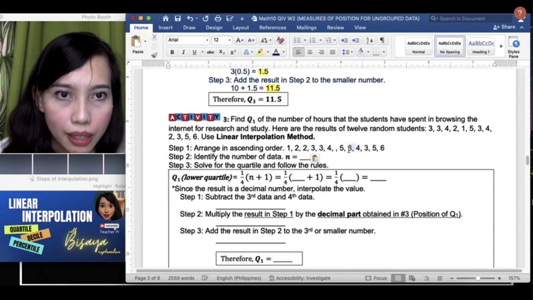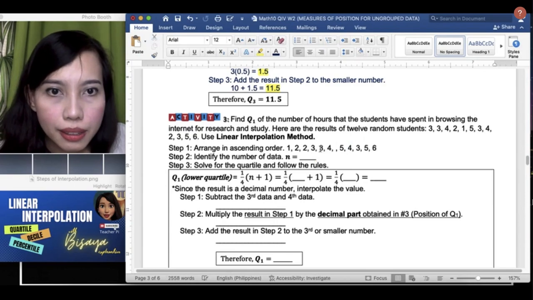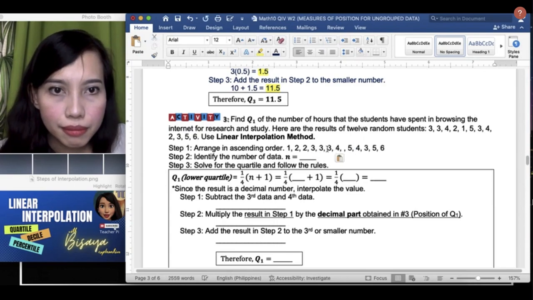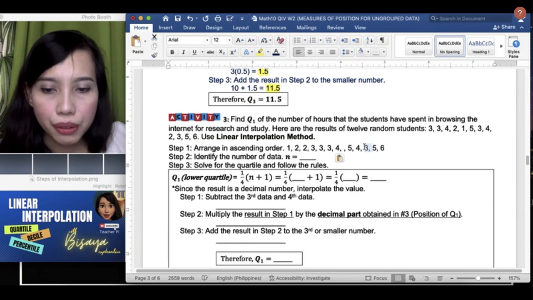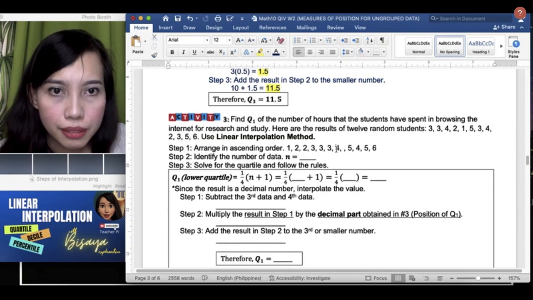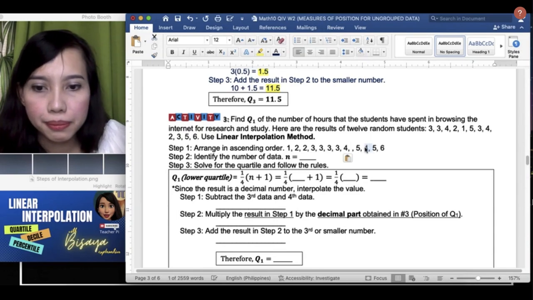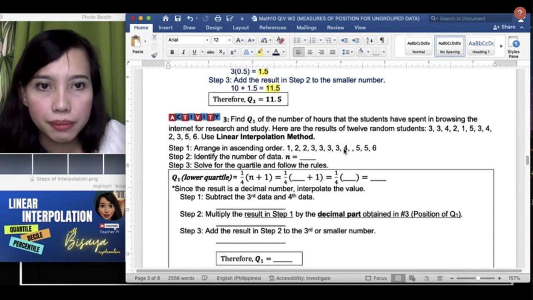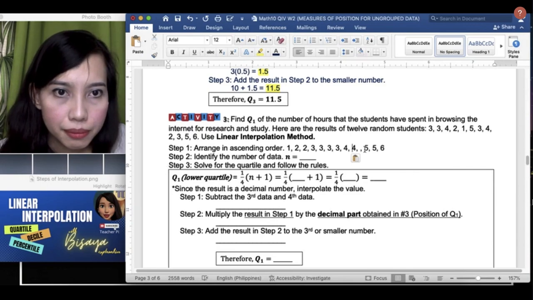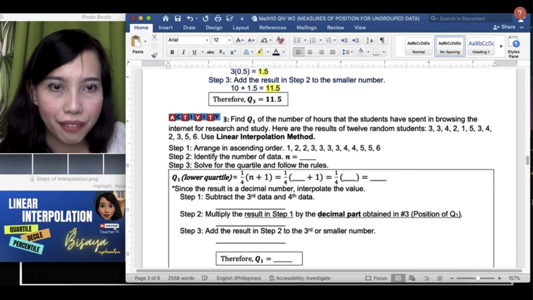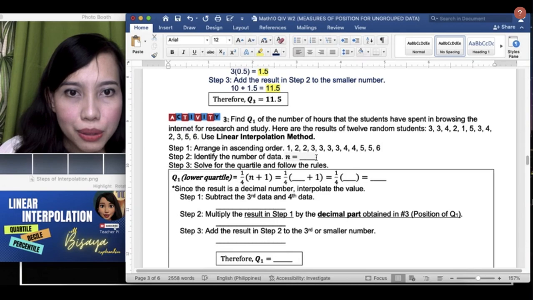Okay. Napatay 3. And 3. 4. Alright, 5. Let's see. 1, 2, 2, 3, 3, 3, 3, 4, 4, 5, 5, 6.